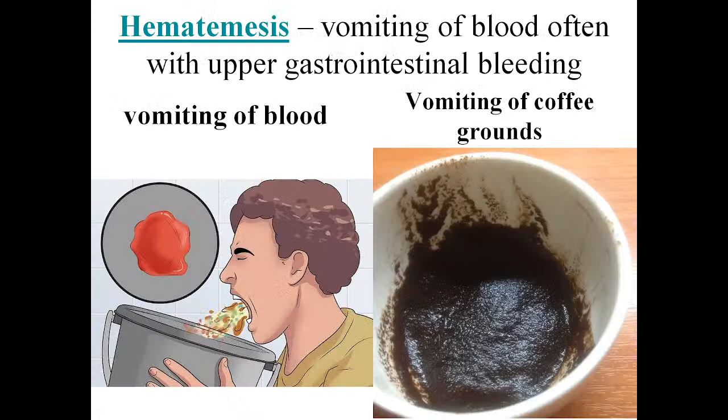Hematemesis. You can see the pictures of hematemesis, the vomiting of blood, often with upper gastrointestinal bleeding. In the first picture, you can see the vomiting of blood that has not degraded. In the second picture, you can see the vomiting of coffee grounds.